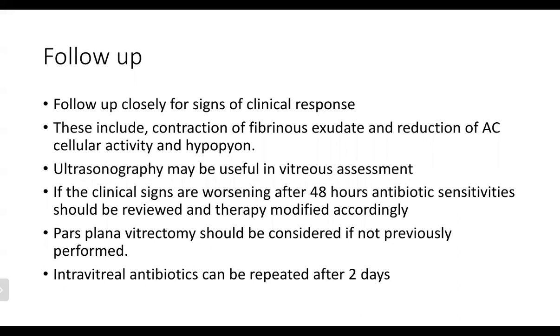You expect the cellular activity in the anterior chamber to start reducing, the hypopyon level to also start reducing. And then you may also use ultrasound to monitor the changes in the vitreous.